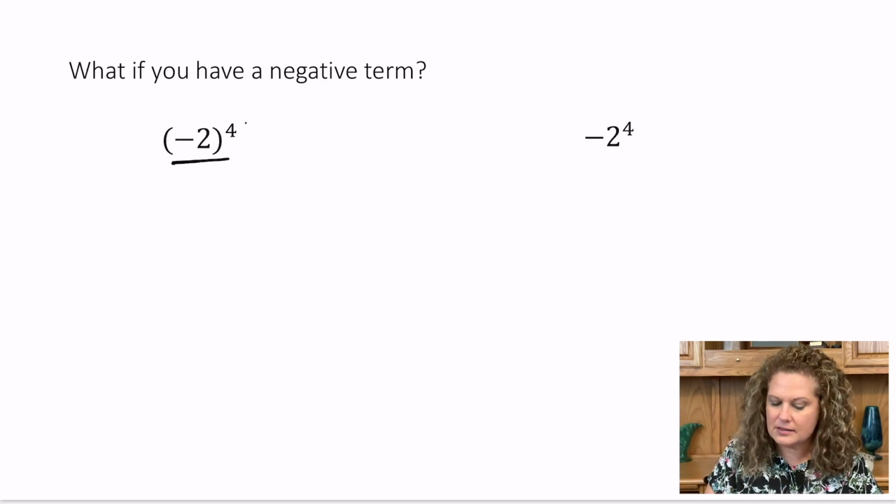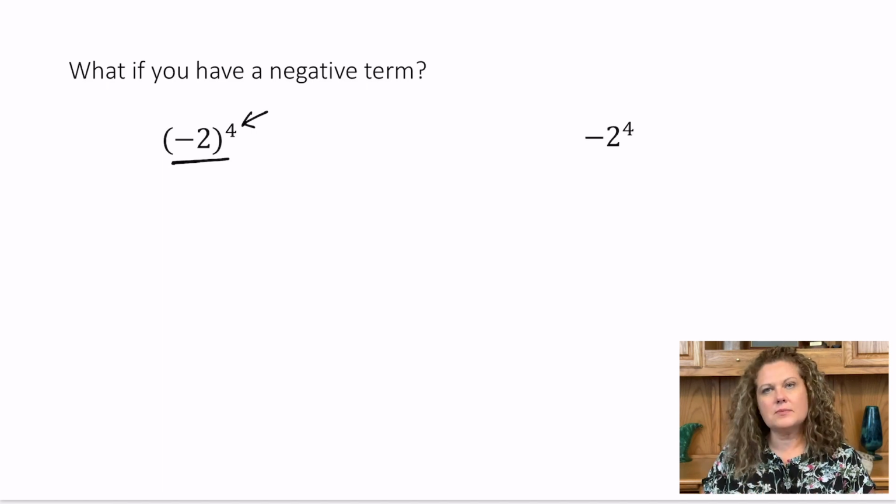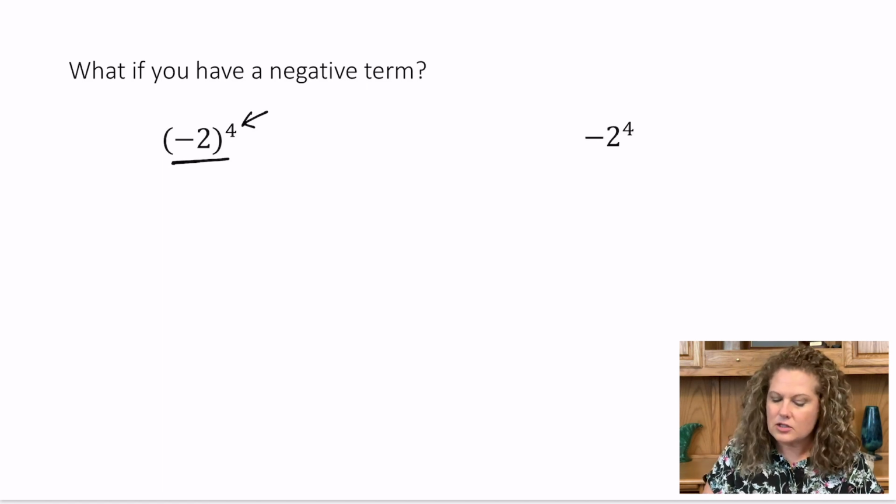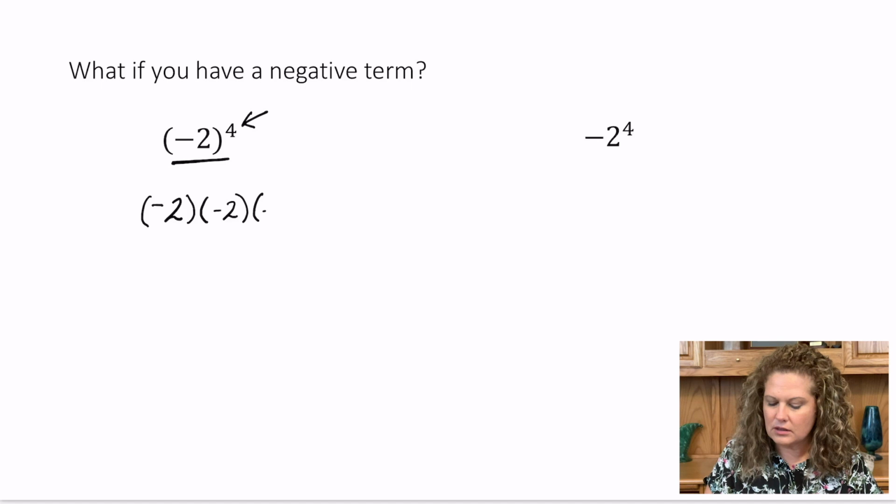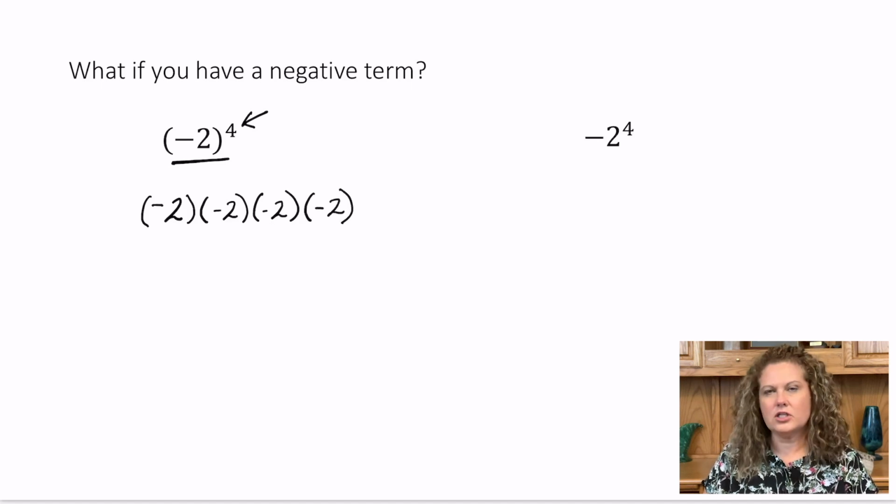Now notice our exponent is 4. So that tells us that factor is going to appear 4 times. So how that looks in repeated multiplication is negative 2 times negative 2 times negative 2 times negative 2.